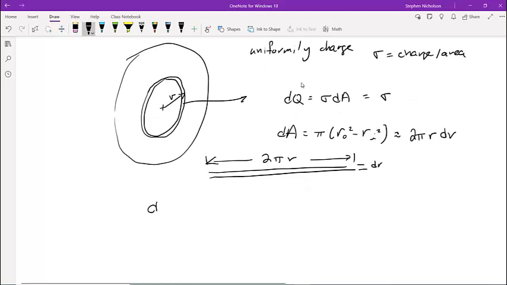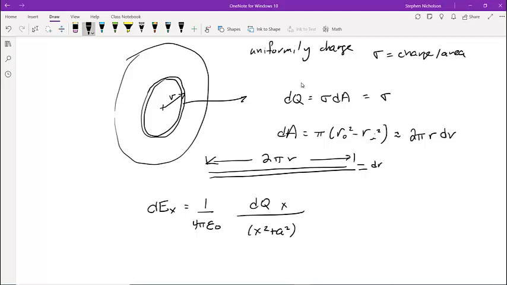So dE, and it's just going to be the x component because the y components cancel out, is equal to the equation up above: 1 over 4 pi epsilon 0 times dq, times x divided by x squared plus a squared to the 3/2 power.